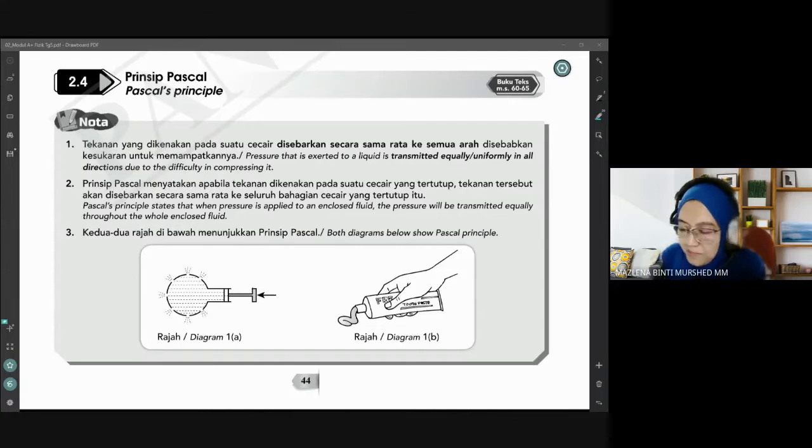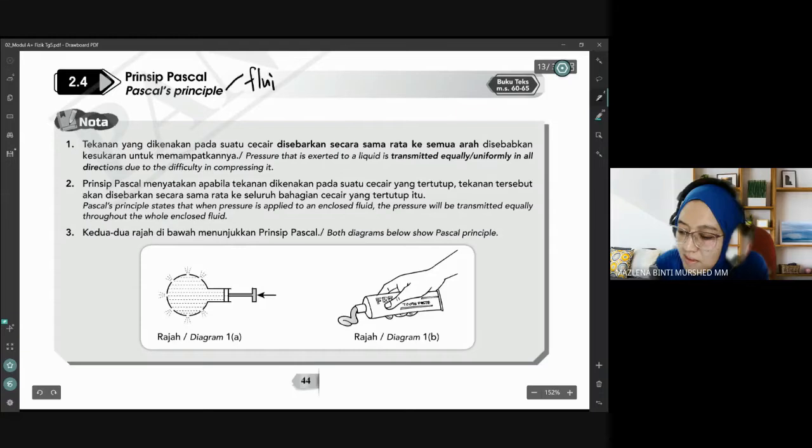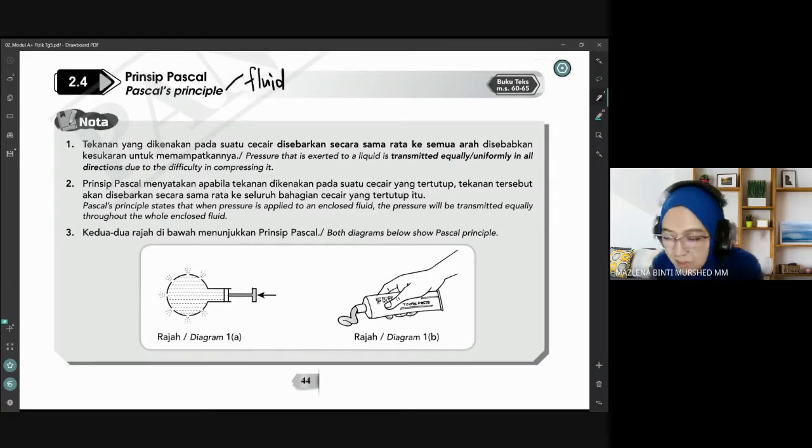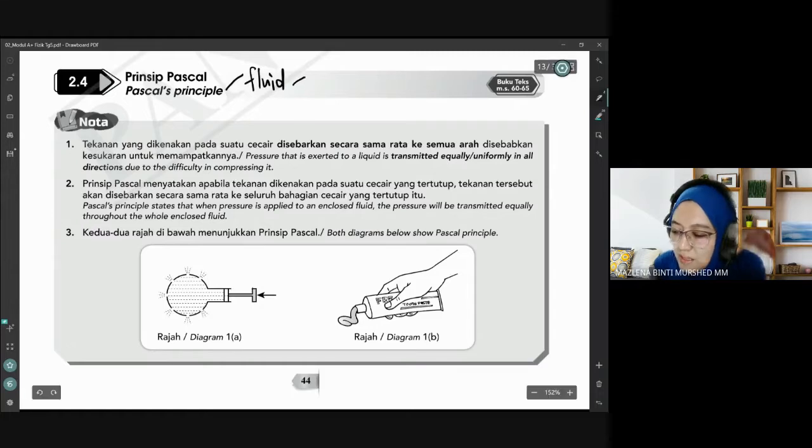Untuk prinsip Pascal, for the Pascal principle, we consider gas, or actually we have fluid. Fluid ni apa nama dia? Benda yang mengalir. Benda yang mengalir, we have liquid and also gas.